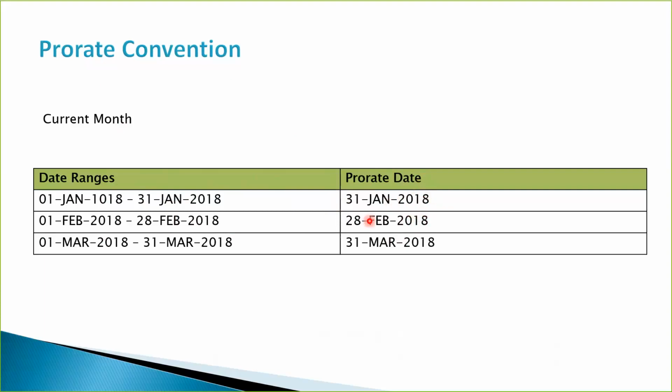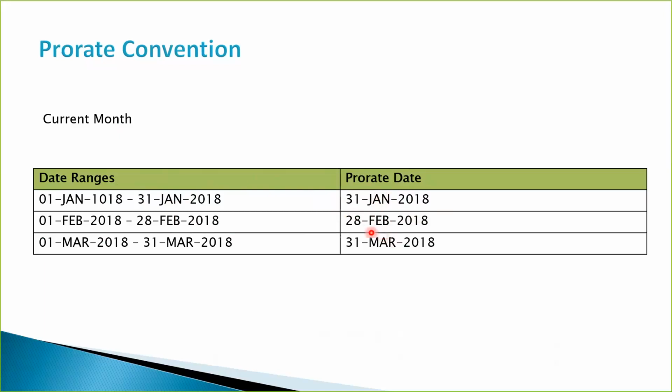Okay? However, of course, this will be made up in the last year of the asset's life, because if the asset's useful life is 5 years, then we can assume that this one will go 5 years up to January 2023, and the second asset will go up to February 2023.